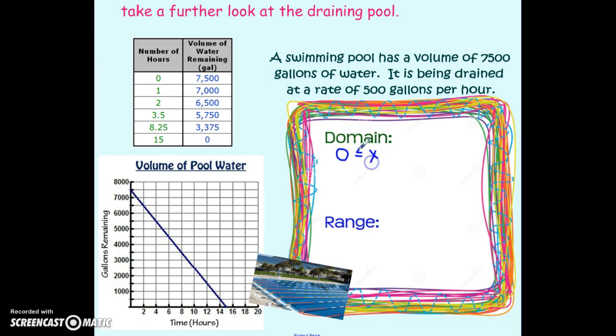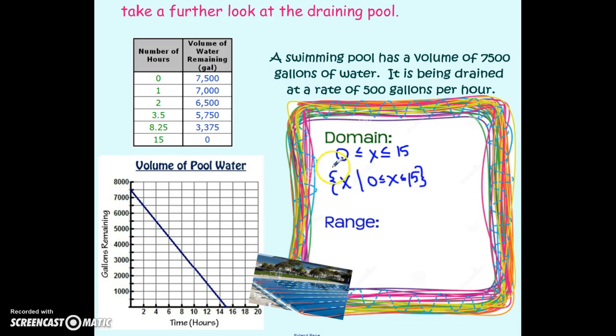So all my x values are greater than or equal to 0, but they're less than or equal to 15. And then in that fancy set notation, you would say x values such that x is greater than or equal to 0 and less than or equal to 15.